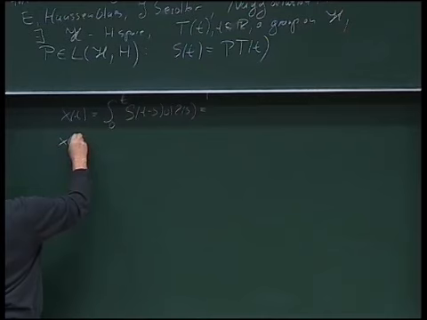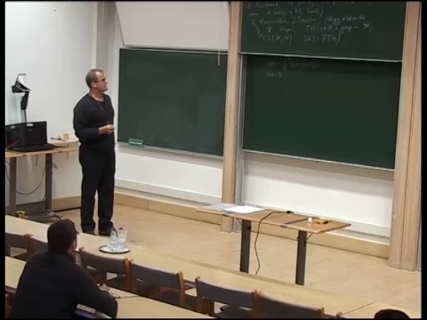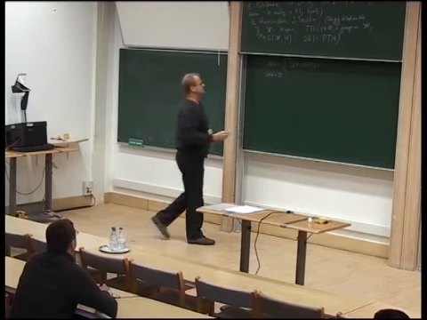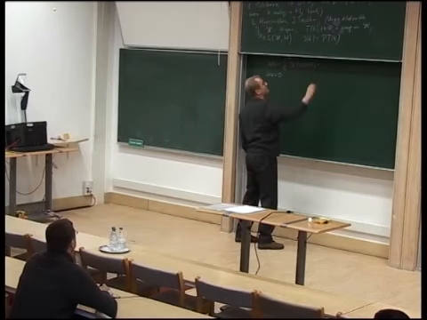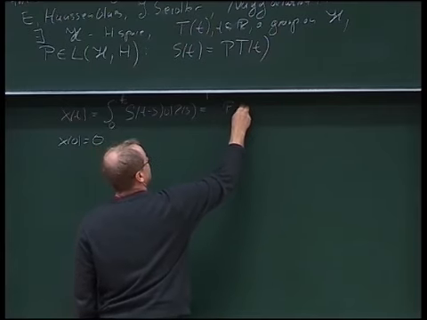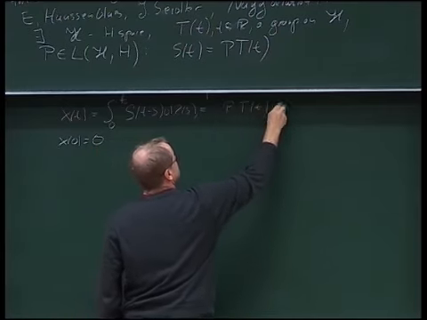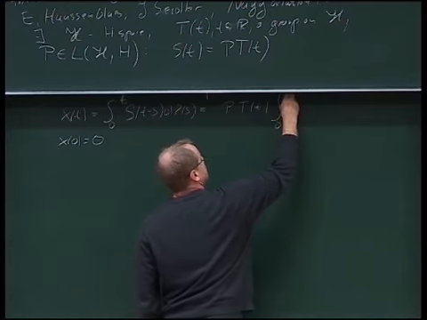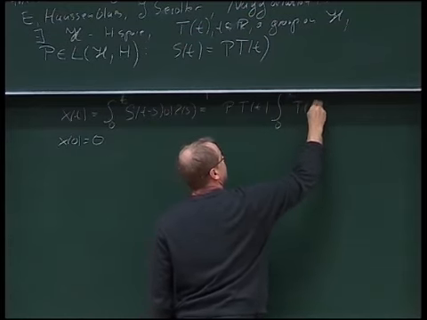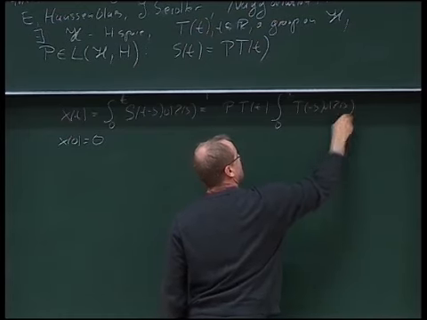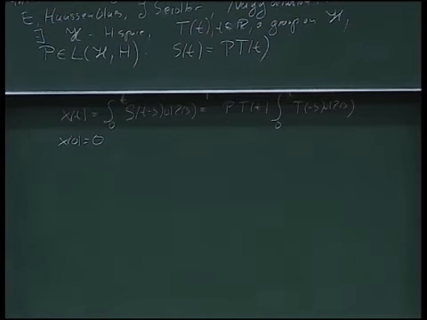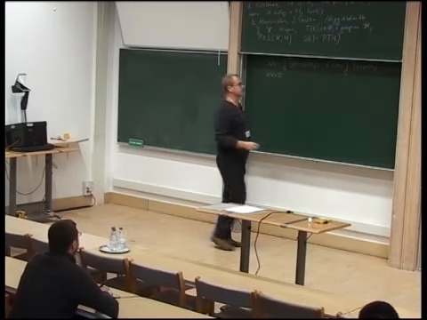I can do it, of course, without any loss of generality. So if I have this formula, I can write something like this, with T_{-s} dZ_s.